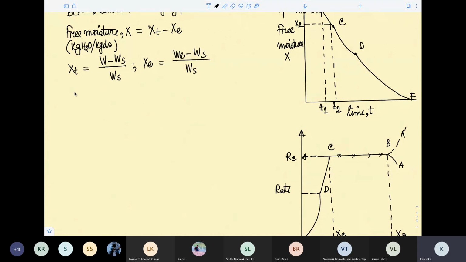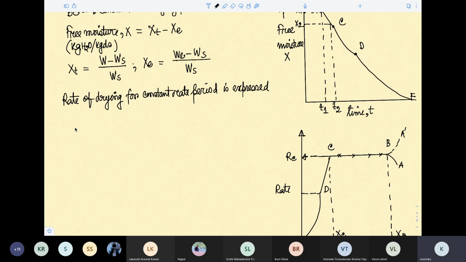So rate of drying for constant rate period is expressed as kg H2O per meter square per hour.